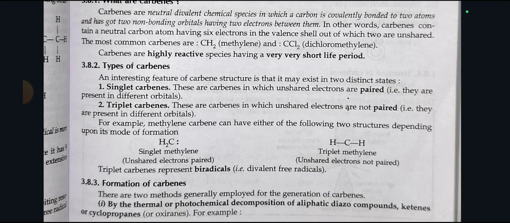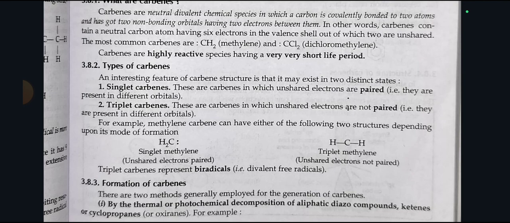3.8.2 Types of carbenes. An interesting feature of carbene structure is that it may exist in two distinct states. First, singlet carbenes. These are carbenes in which unshared electrons are paired, that is, they are present in the same orbital. Second, triplet carbenes. These are carbenes in which unshared electrons are not paired, that is, they are present in different orbitals.